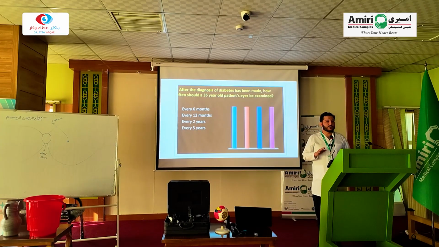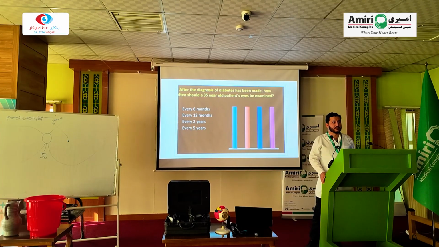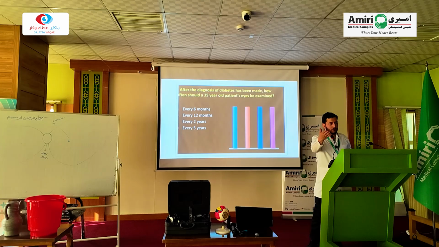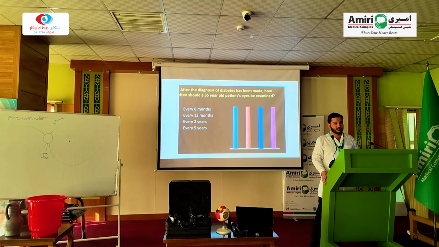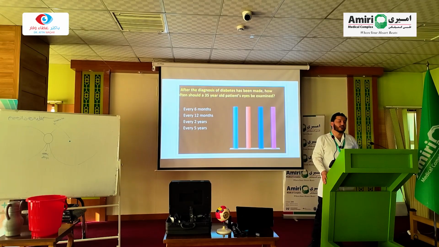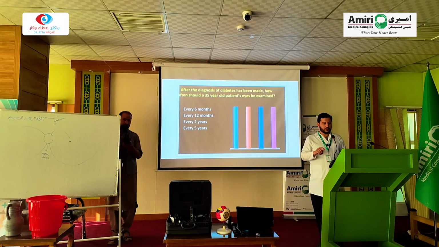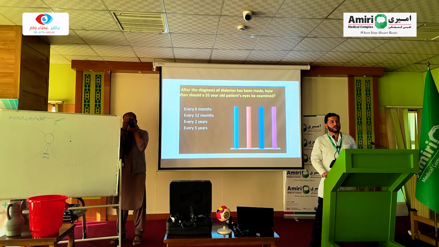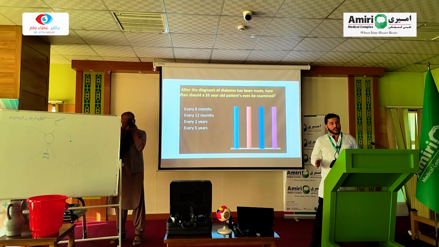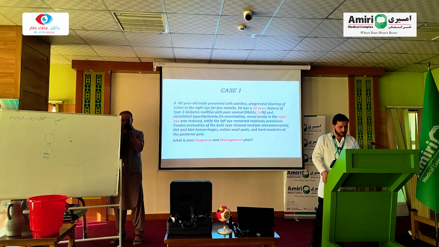For example, you have diagnosed one 35-year-old patient today, you advise that they have to come back after 12 months. Okay, good. Immediately, you have to refer the patient to the ophthalmology department for diabetic retinopathy screening, and then according to the severity we have to decide.